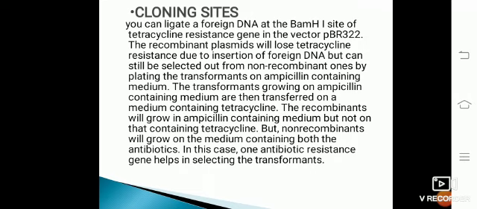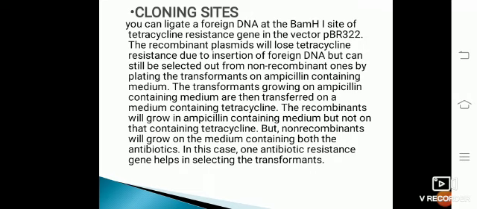However, non-recombinants grow on medium containing both antibiotics. In this example, one antibiotic resistance gene helps in selecting the transformants, but the other becomes inactivated due to insertion of foreign DNA and helps in selection of recombinants.